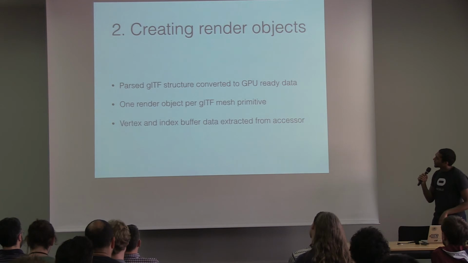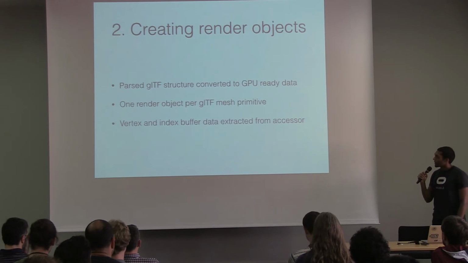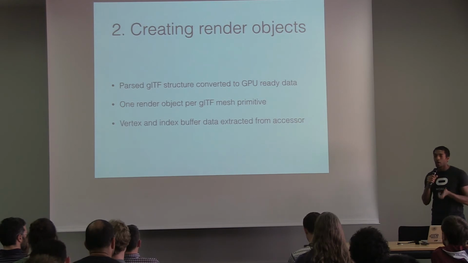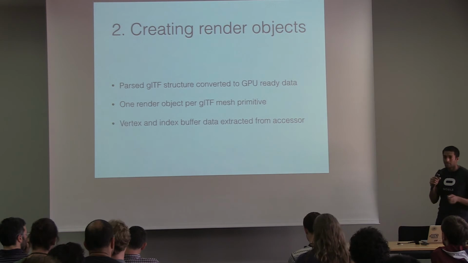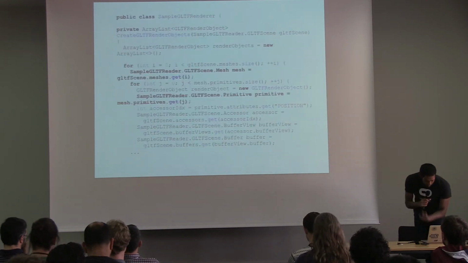I know that sounds complicated, but it's not that bad. So again, one render object per glTF mesh primitive, because each render object is going to correspond to one GL draw command. And then your index buffer and your vertex buffer is going to be data extracted from the accessor.